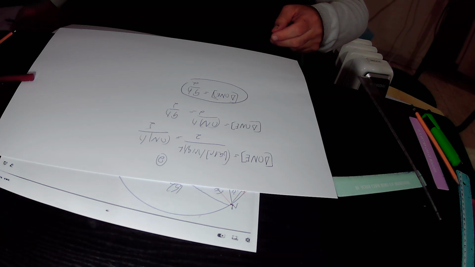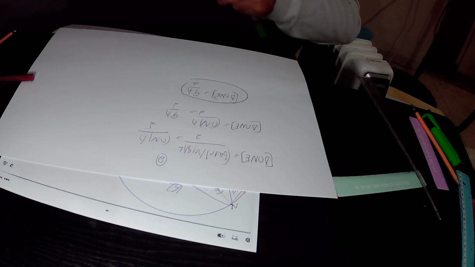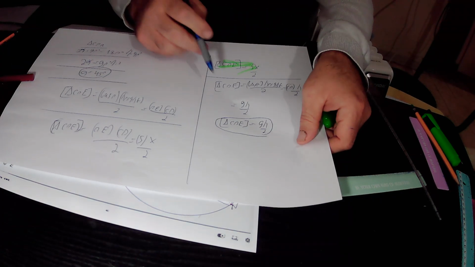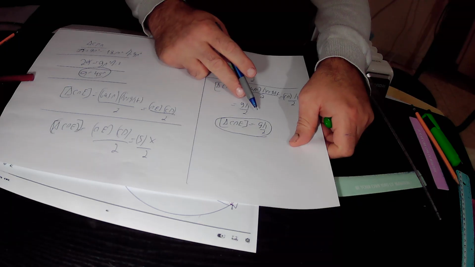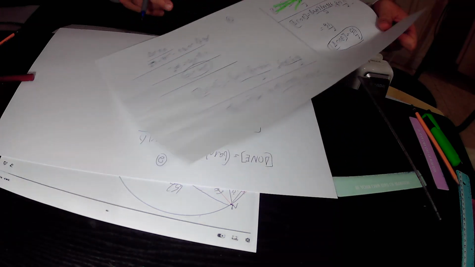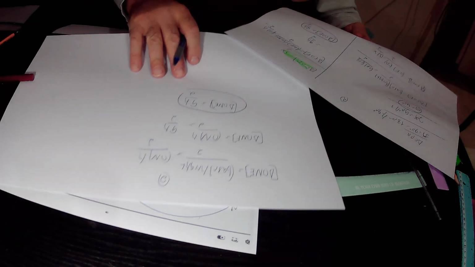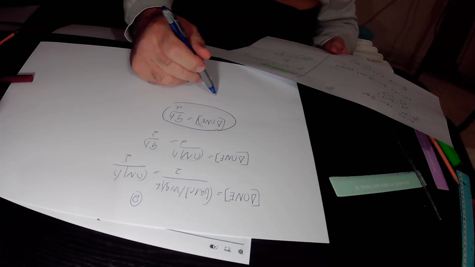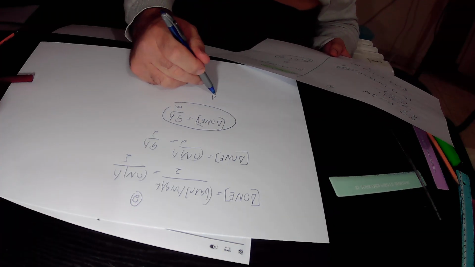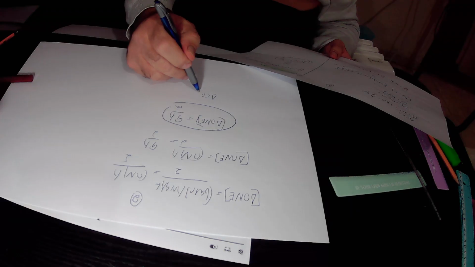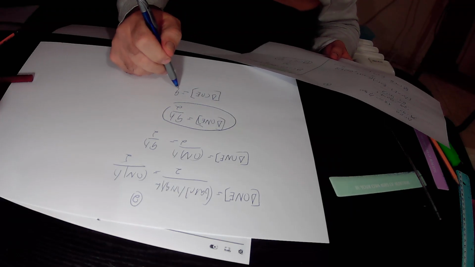But we already found out that the area of triangle COE also equals 9H over 2 square units in size.